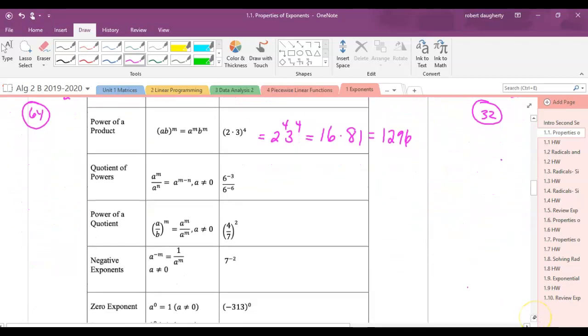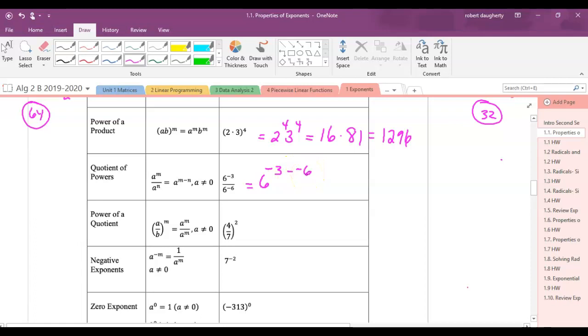And then if I have the quotient of powers, a to the m divided by a to the n, what happens with those exponents is they are subtracted. So a to the m divided by a to the n is a to the m minus n. In this case, this is 6 to the minus 3 minus negative 6.